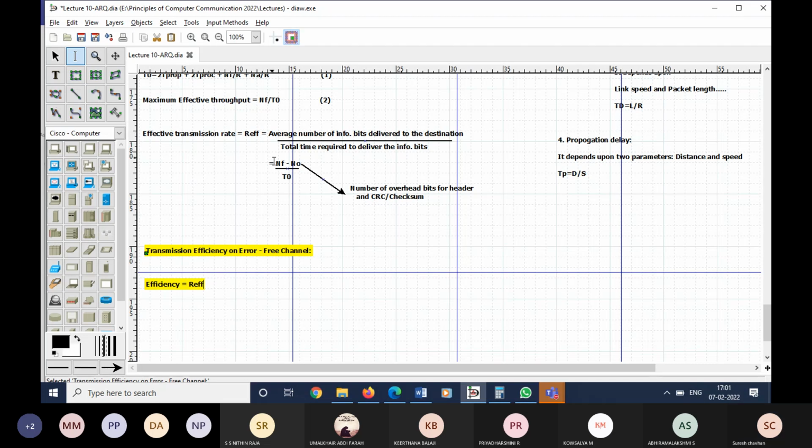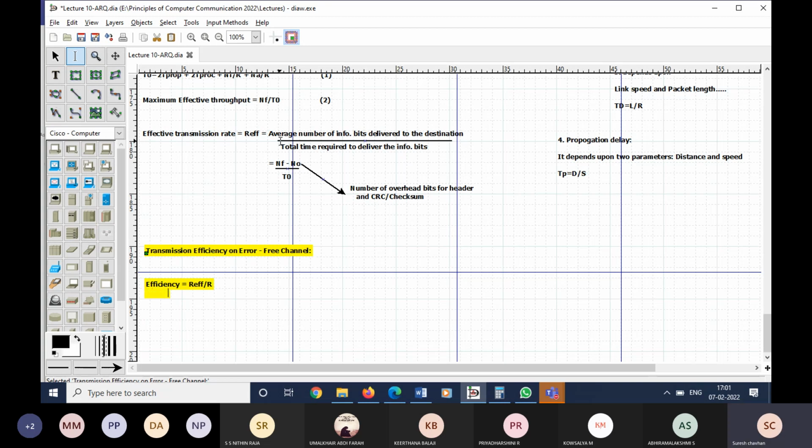R effective is NF minus N0 divided by T0, meaning the total number of bits in the frame minus total number of overhead bits for header and CRC or checksum error detection technique, to the total time taken for transmitting one frame successfully, right? That we got as the effective transmission rate, correct? So the efficiency is R effective divided by R, where R is the channel transmission rate, correct?